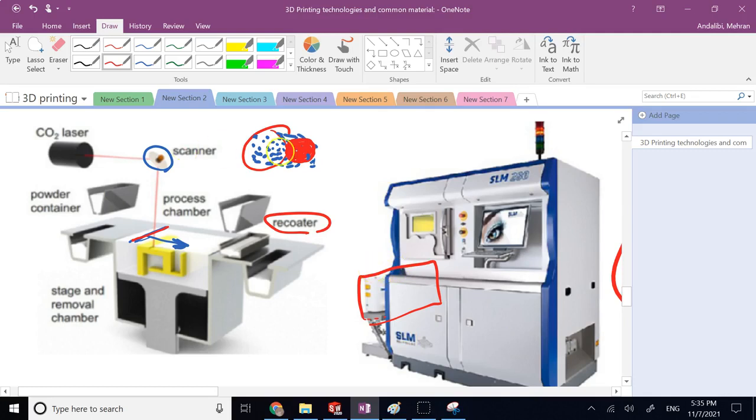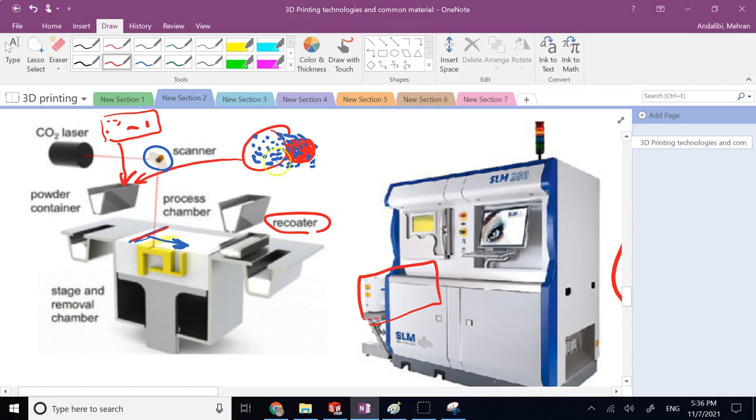And you typically do not pour all of that entirely into the container. You mix some fresh, unused powder with some percentage of the recovered one.